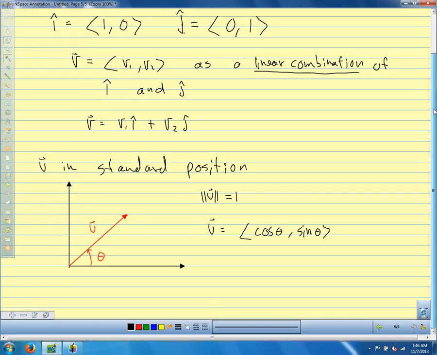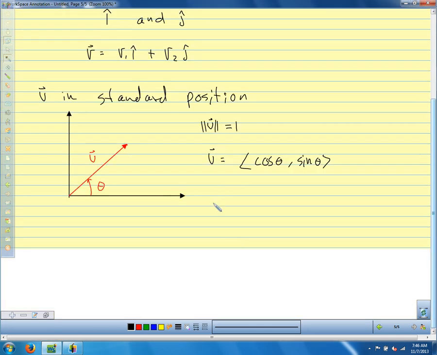And if u is not a unit vector, if the magnitude of u does not equal 1, we have that u equals the magnitude of u times the vector cosine theta, sine theta.